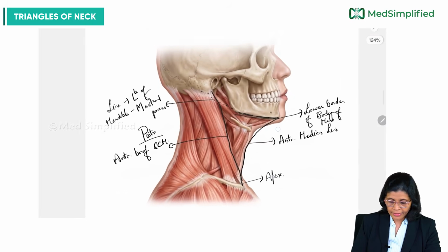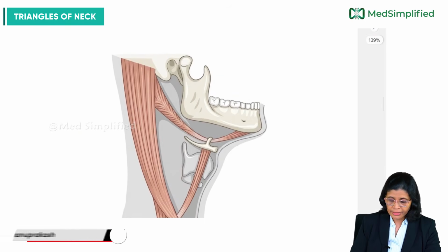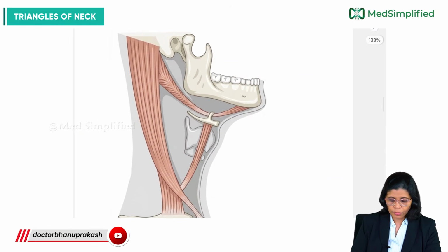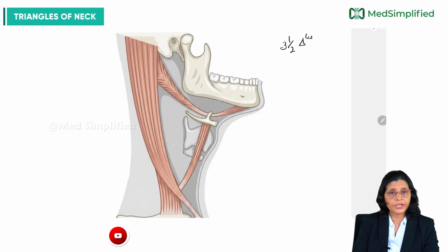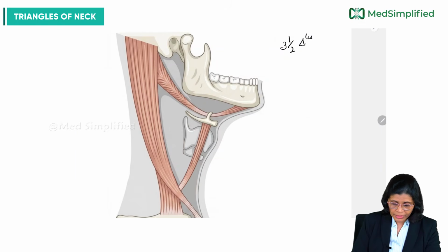Now this triangle is further divided, for descriptive purposes, by two muscles. It is divided into 3.5 triangles on each side. One triangle is shared by both the right side and the left side. Which are those two muscles which divide it?